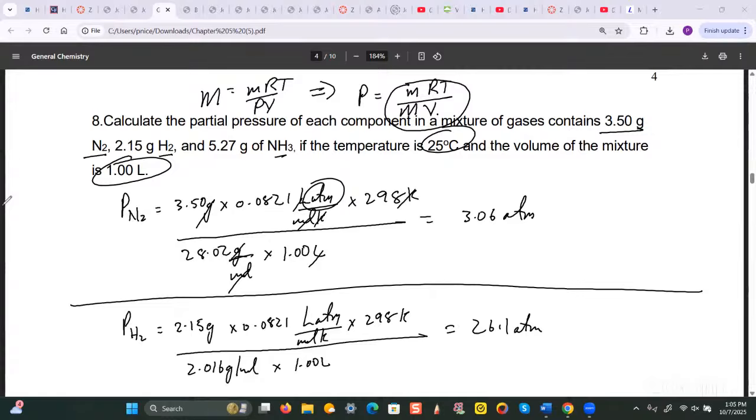Since I'm going to need space, I'm just going to erase the calculation. In fact, let me just erase this part right here, because now we're going to do the same calculation for ammonia. So this is NH3. I'm only going to erase some of these terms here. I'm going to erase the mass here because the mass is going to be different, and I'm going to erase the molar mass here and fill them in. So in the case of ammonia, the mass according to the question is 5.27 grams.